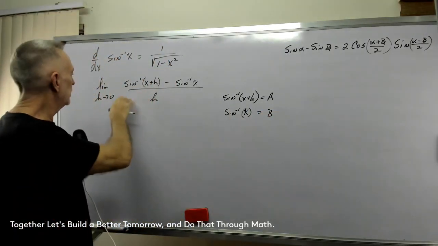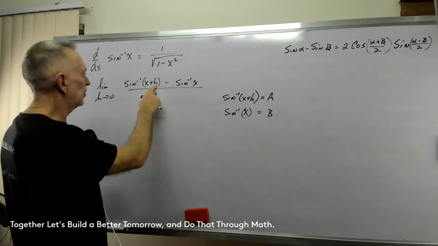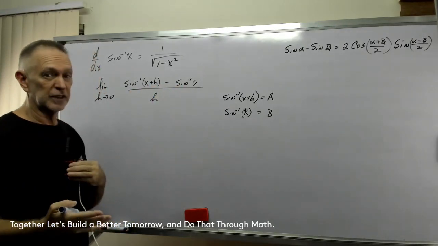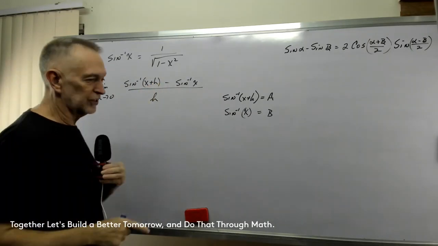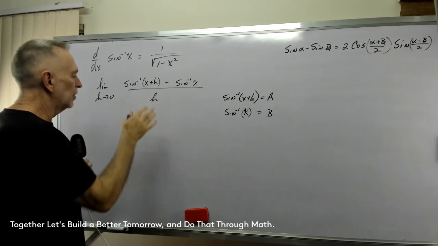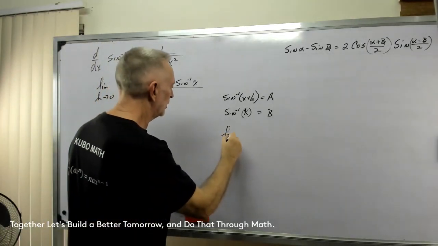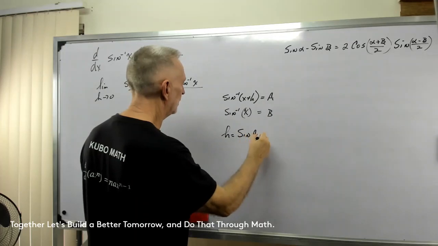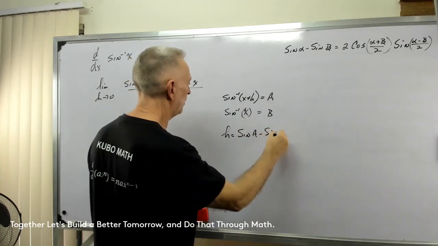Now you'll notice here, as h approaches 0, sine inverse x minus sine inverse x gives me 0. So this in a sense is approaching 0. But also let's let h equal sine a minus sine b.